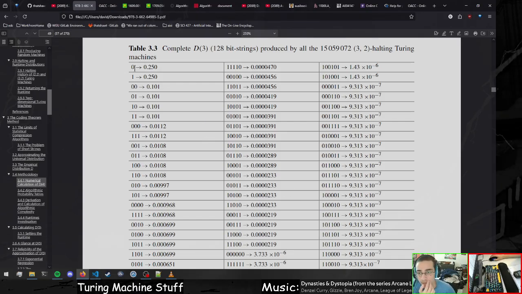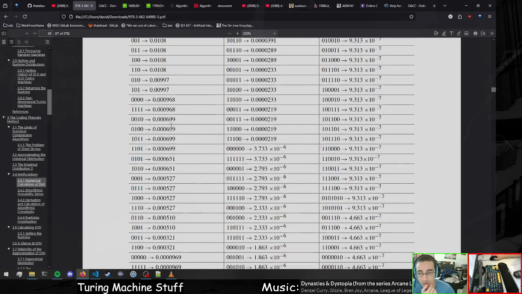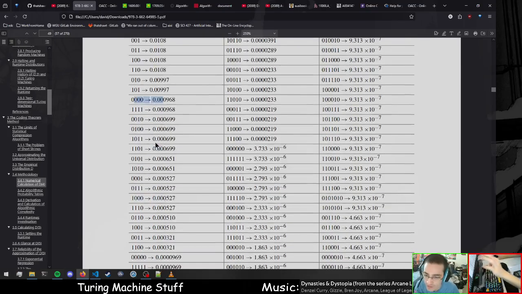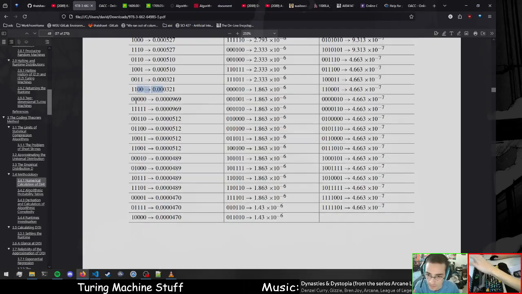So let's just count. There's 3 of these things, and how many do they have here? They have 1, 2, 3, 4, 5, 6, 7, 8, 9, 10, 11, 12, 13, 14, 15, 16, 17, 18, 19, 20, 21, 22, 23, 24, 25, 26, 27, 28, 29, 30, 31, 32, 33, 34, 35, 36, 37, 38, 39, 41, 42, 43.